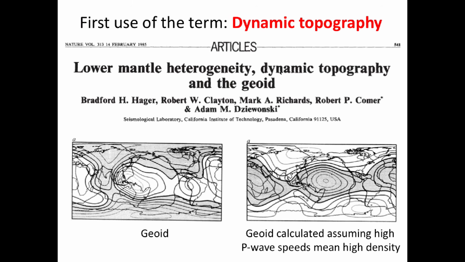And where they have high speed, you'd say, well, that means it's probably a little colder, it probably means it's a little denser. So if you make that assumption and you put that in, you find that this is low speed material out in here. You would predict that you'd have a geoid low. You'd predict you have a deficit of density, and you'd predict almost the opposite of what you observe. And they argued, well, that's not what's going on.